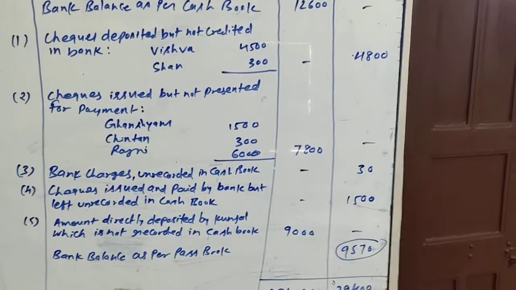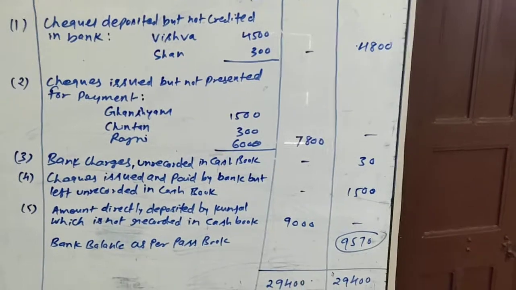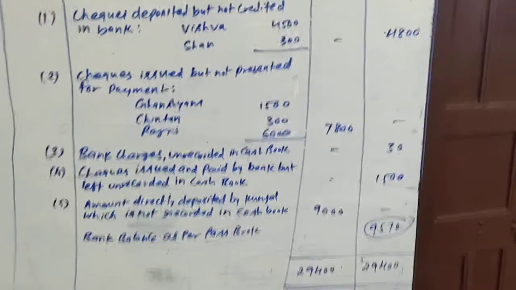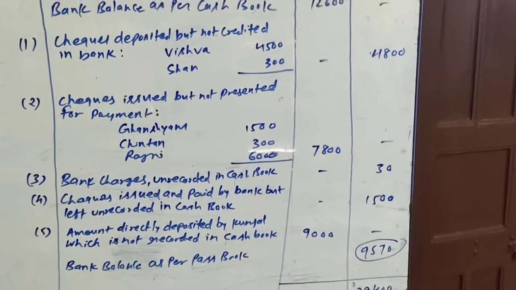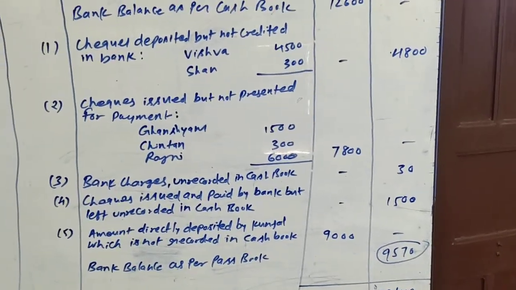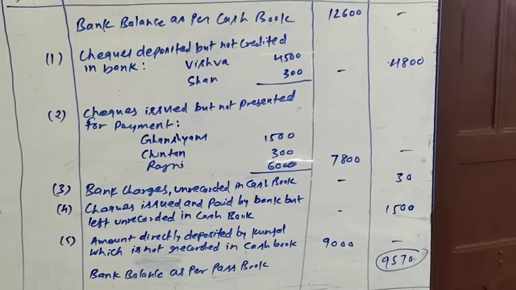That must be the payment made from bank and not recorded in cash book. When the payment is done through bank, normally checks are issued in favor of that person. So this is what check issued and paid but left unrecorded in cash book.